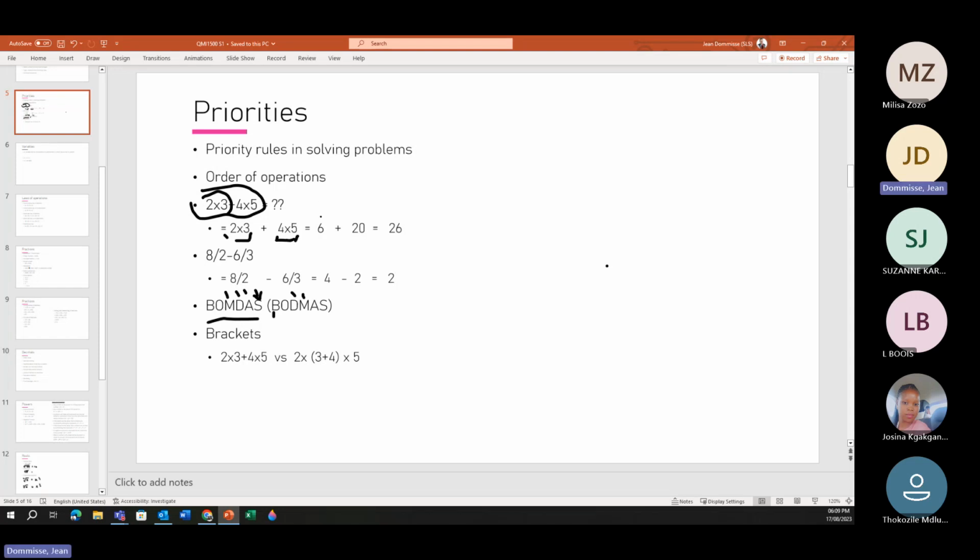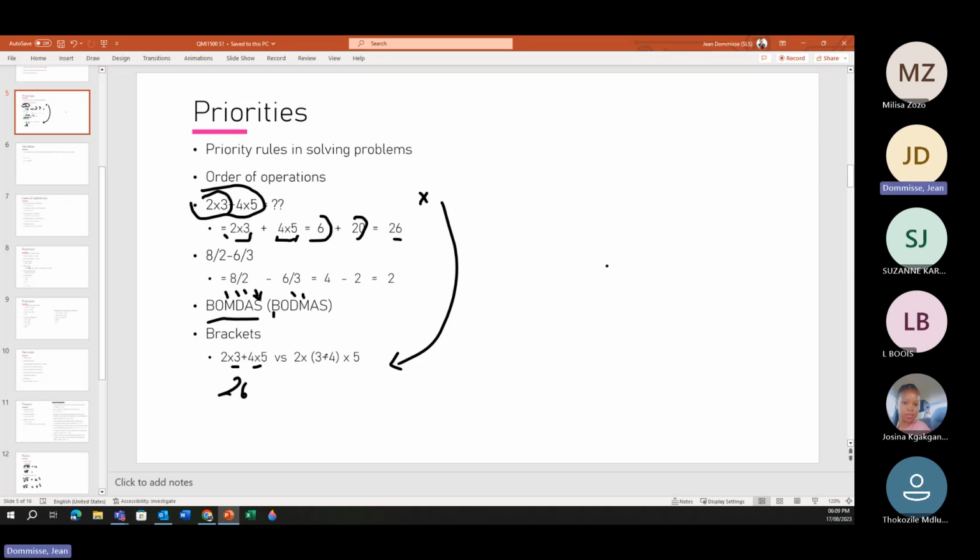So you can see that we will then have two values that we need to add to get to 26. So if there are no brackets, we do multiplication first. Big difference to if there are brackets. So that was 26 for the answer.